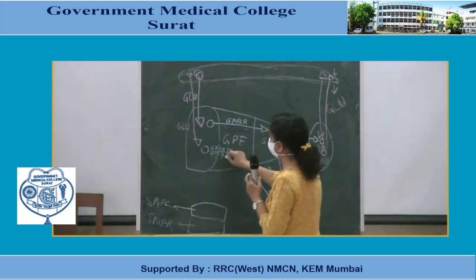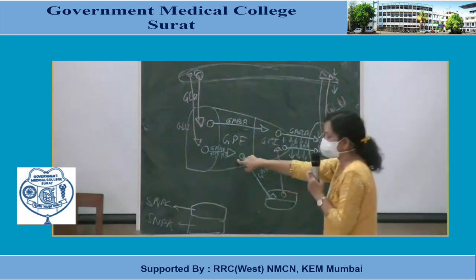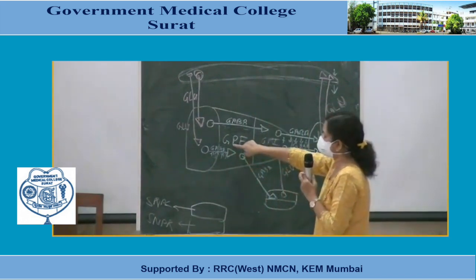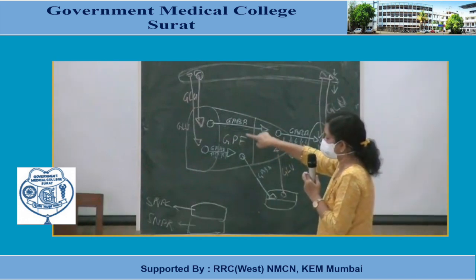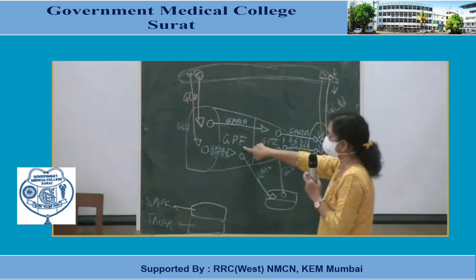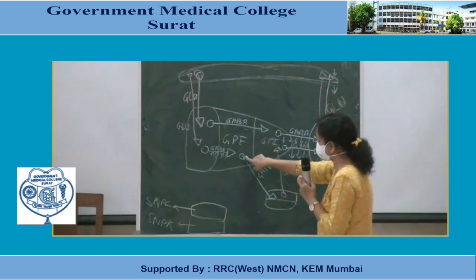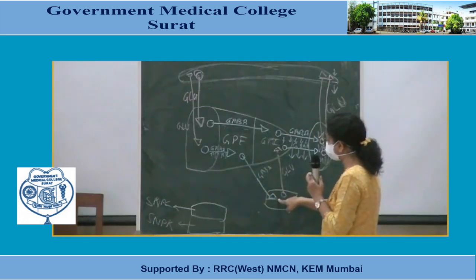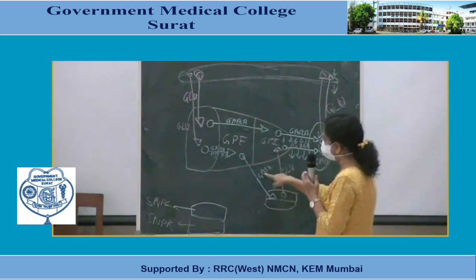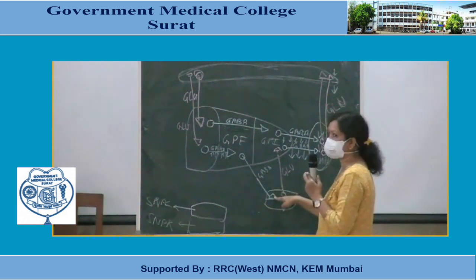Whenever these fibers are stimulated, there will be inhibition of the globus pallidus externus. When there is inhibition of globus pallidus externus, the fibers originating from externus and terminating in the subthalamic nuclei will secrete less GABA.